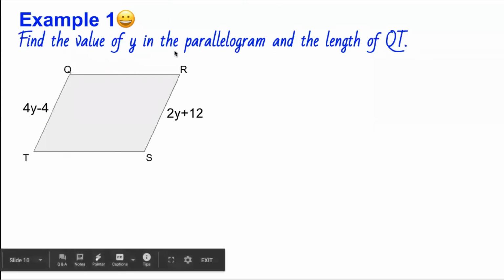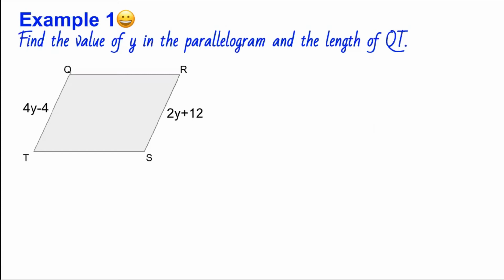We know we're given a parallelogram because it's stated. Therefore, we're going to apply that theorem, the property of a parallelogram, where opposite sides are congruent. Therefore, we can state that RS is equal to QT.